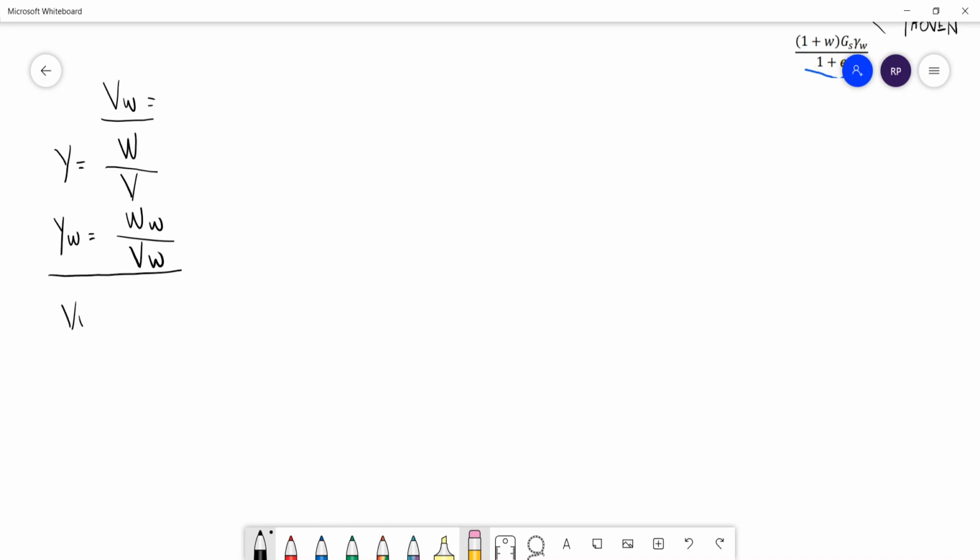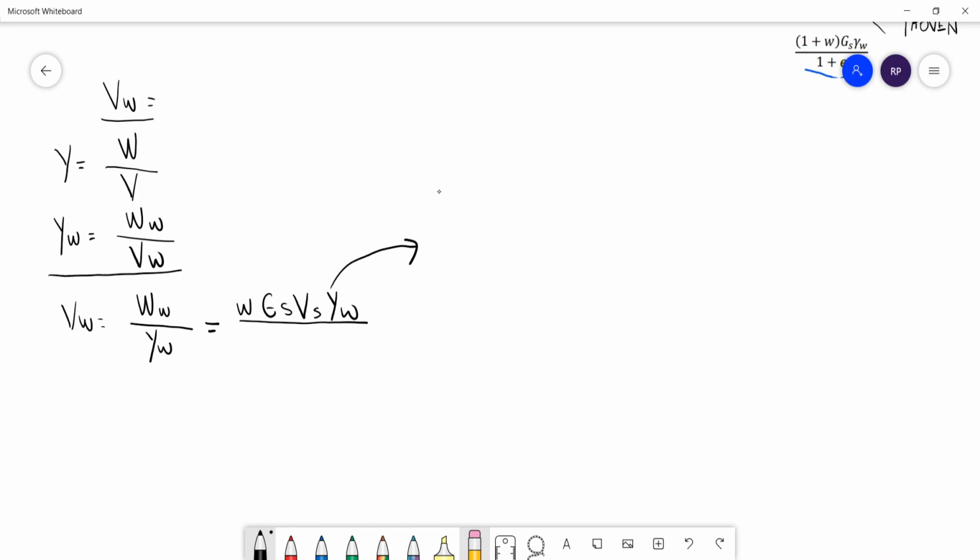So that is VW equal to WW all over YW. Okay? And we would have under WW, yung sinabi natin kanina, that is W, GS, VS, and YW. Pero paano natin nakuha to? Okay? Paano ba natin nakuha to?